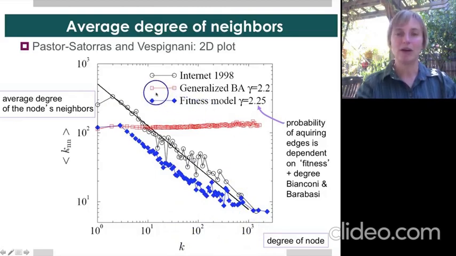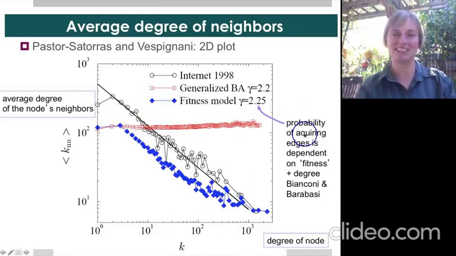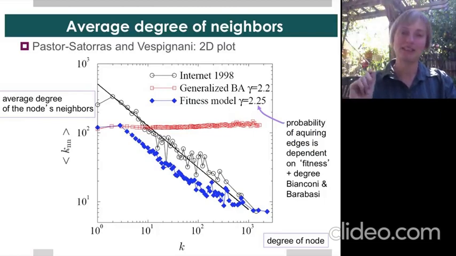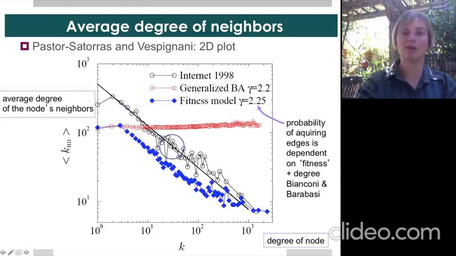And so it wasn't until the fitness model, which came just a year later, within a year, where the probability that a node gets one of those new edges associated with a new node depends not just on the degree of the node, but also its inherent fitness, that you get this kind of relationship which is much closer to what you observe in real life.